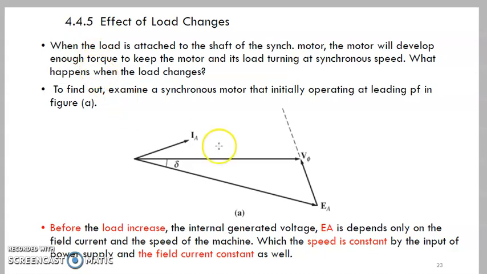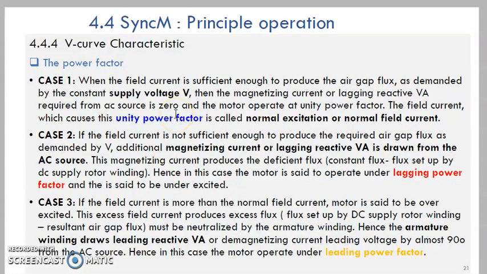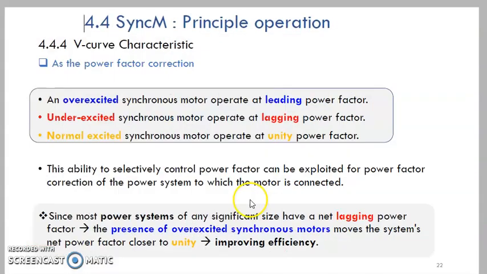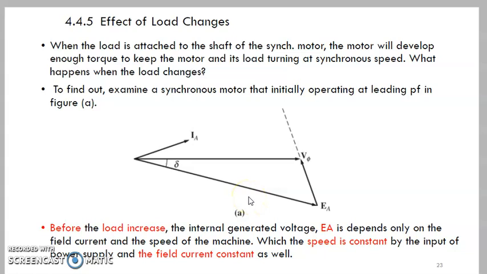So what happens when the load changes? And what happens when we change the IF here? We control the field current intensity, so the behavior will change from under excited, to unity power factor, and to over excitation.